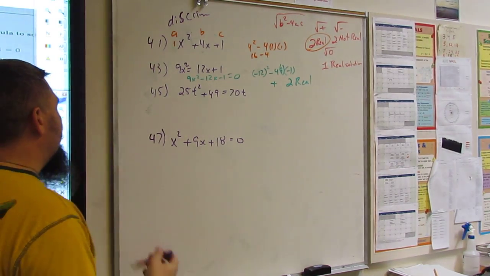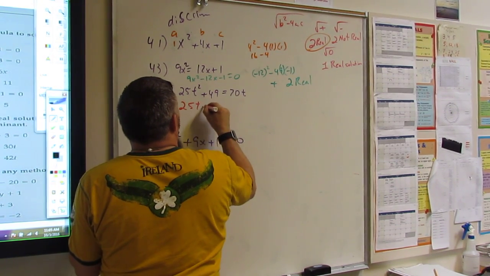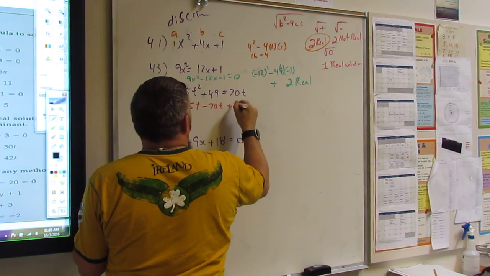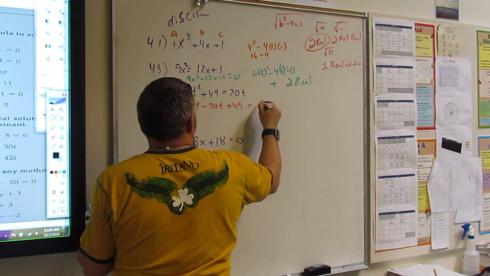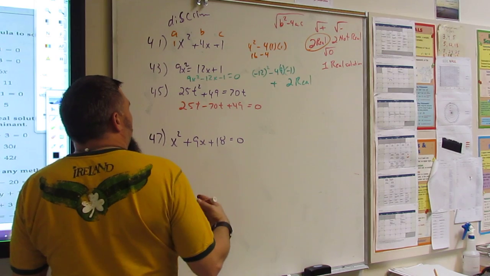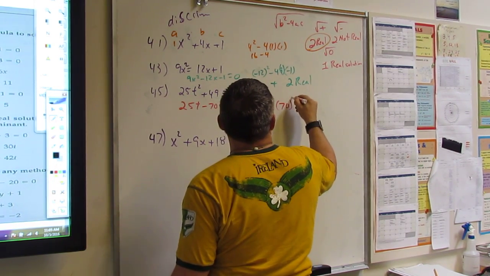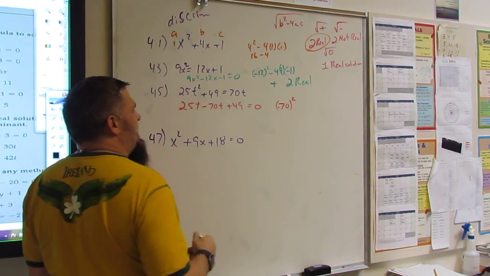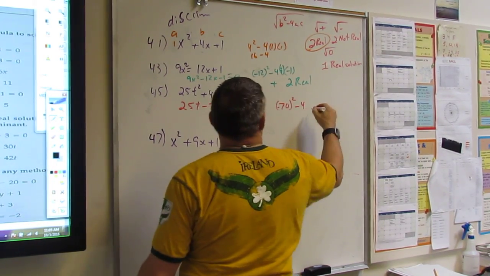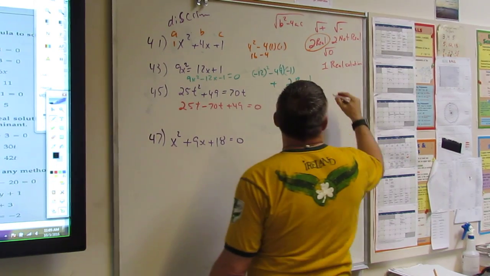And then we have this one, where we've got 25t squared minus 70t plus 49 equals 0. Okay? And I plug them in. B is 70 squared, but it's negative 70, but it doesn't matter. Minus 4a, which is 25, times 49.